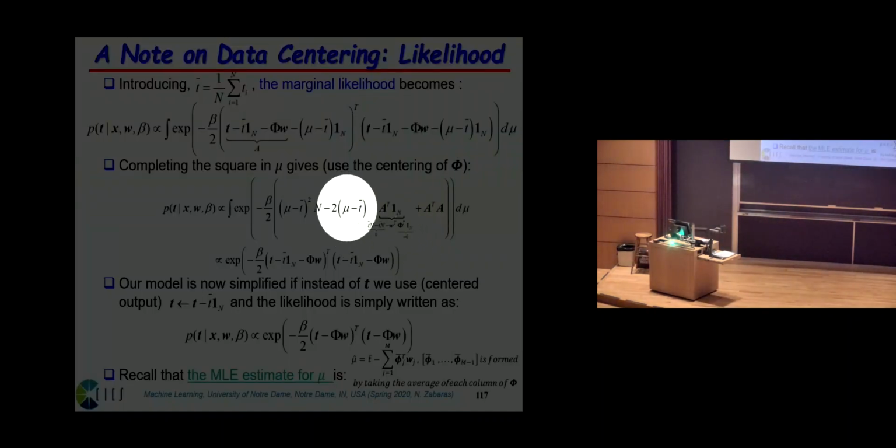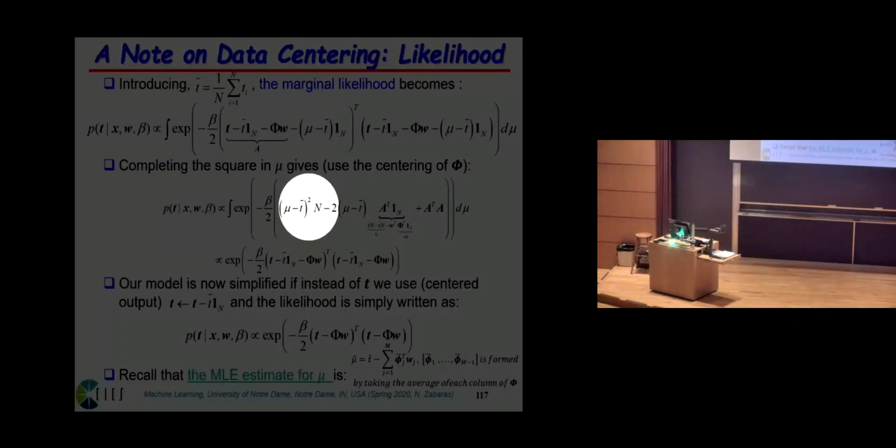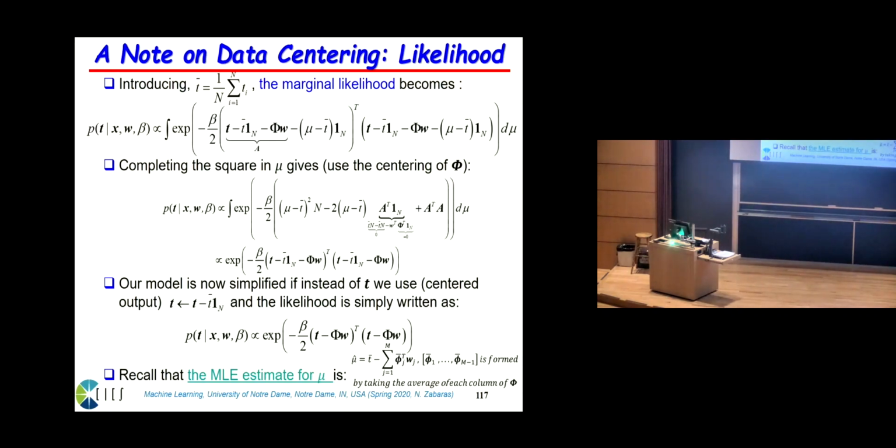I'm not going to go into the algebra. If you look carefully on the slide, it is obvious. All the algebra is here. This second term is going to disappear. Okay? How about this term? Can you tell me what's going to happen to this term when I integrate over mu? Like the first term. What does the first term remind you of?